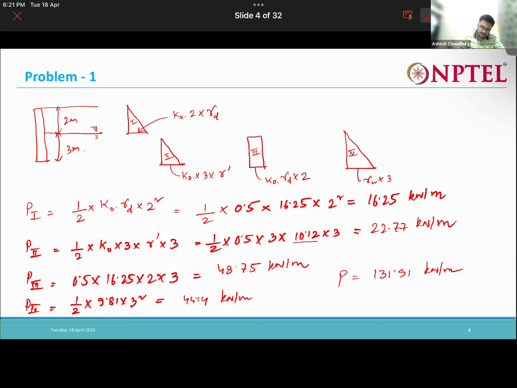Now let us find the point of application, the y value.